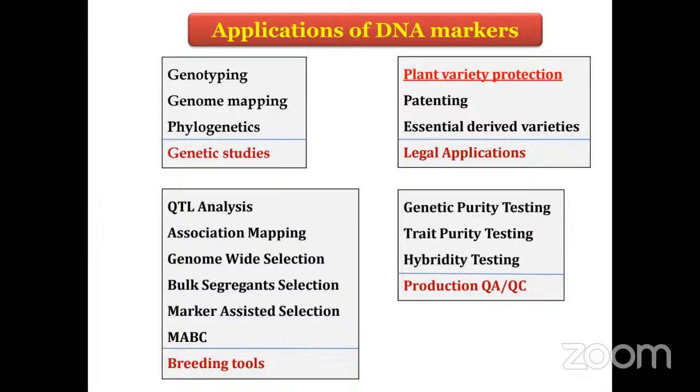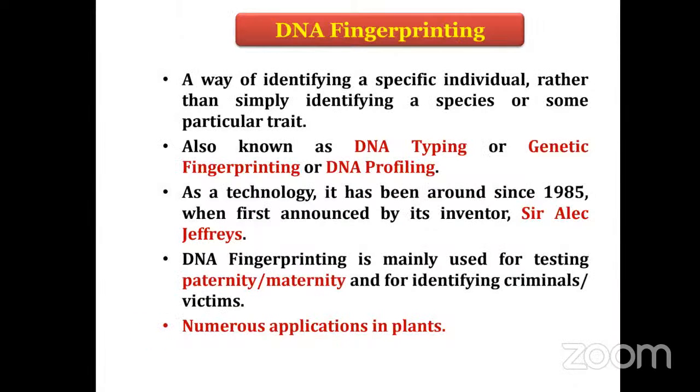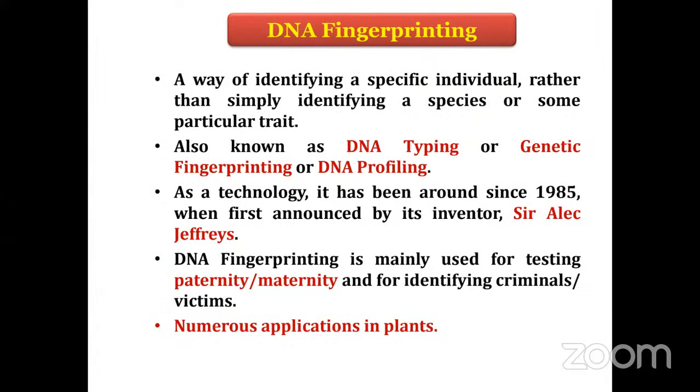So DNA fingerprinting by using DNA marker technology is one technique you can use if you would like to register a plant variety under the Plant Variety Protection Act, where you should identify a unique DNA fingerprint for such a cultivar.